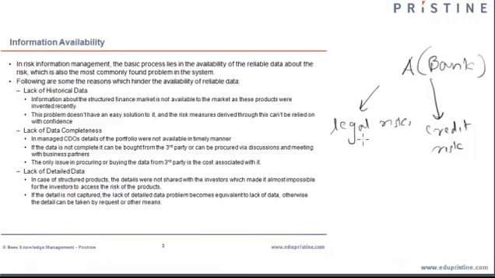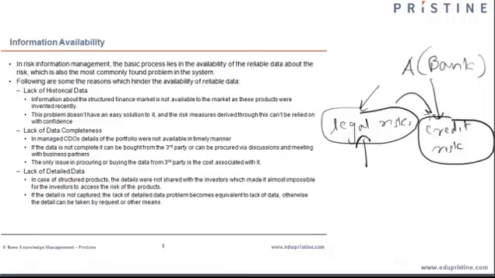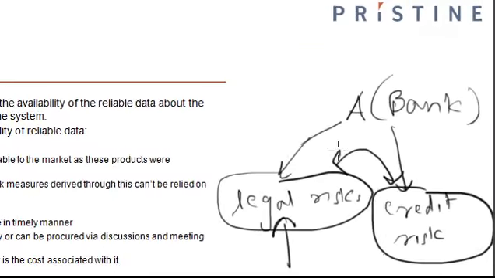In case the legal unit only captures this risk and the credit risk or the risk management unit captures only the credit risk, and there is no proper information sharing between these two units, it might happen that documentation which is submitted by the client may be improper or fraudulent. Thus, it becomes very important that information sharing between these two units and also the aggregation of information at bank-wide level is done in a proper manner.